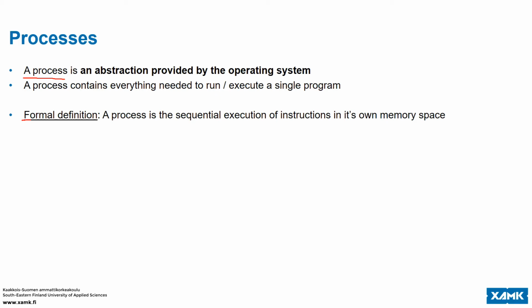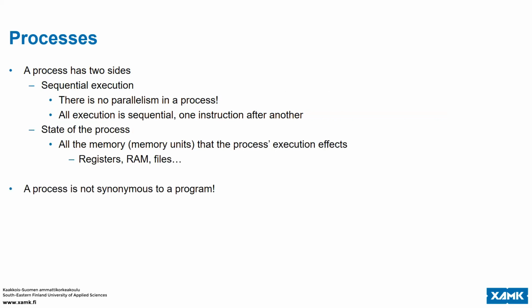The formal definition for this is that a process is the sequential execution of instructions in its own memory space. What is important to remember here is that a process has two sides to it. There is first of all the sequential execution of program code, and also the state of the process.